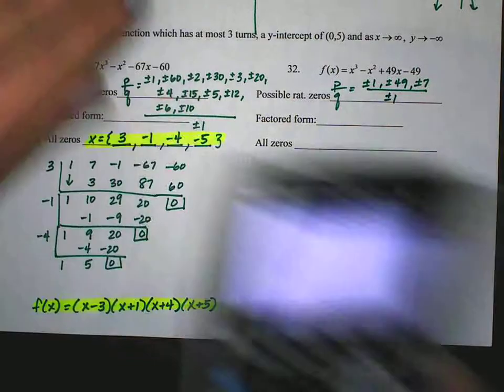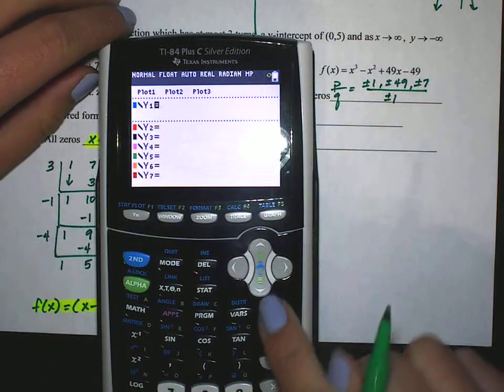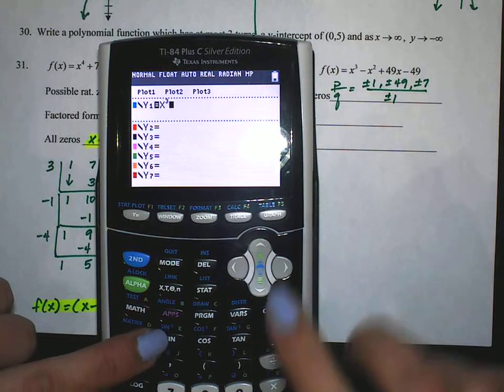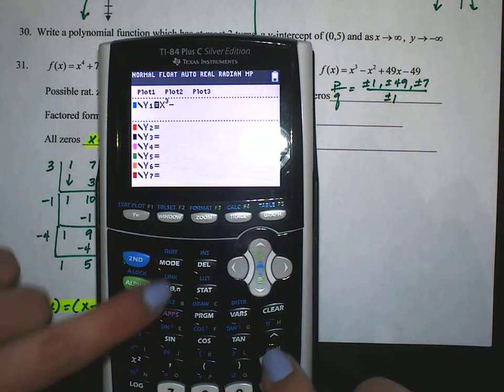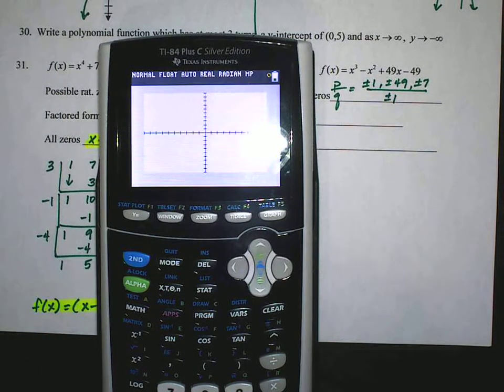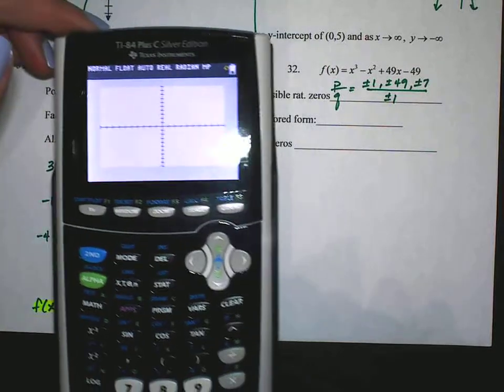So we're going to go ahead and go to y equals. We're going to plug this into our calculator. We'll graph and see if there's any x-intercepts we can use.